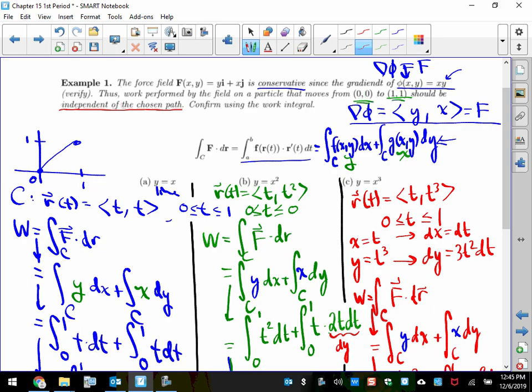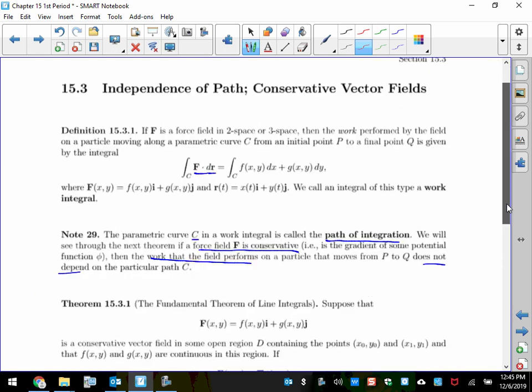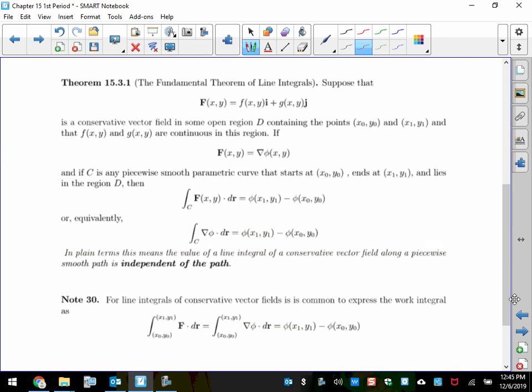Okay, well, let's go back to our definitions, and we'll look at the next theorem. Down here, Theorem 1 says the fundamental theorem of line integrals. It says, suppose you have some field with its component functions f and g, and suppose that it's a conservative vector field, which just means that it's the gradient of some potential function phi down here.